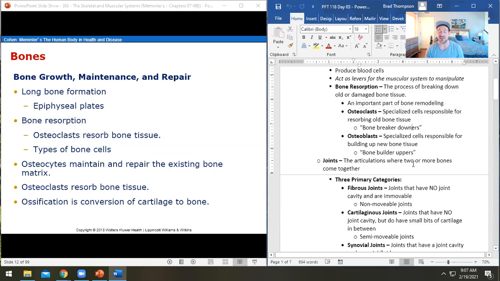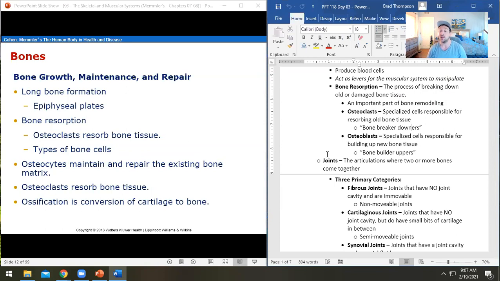The cells that do that are these specialized cells called osteoclasts. You can think of osteoclasts as bone breaker downers. Their job is to come along and resorb old bone. Basically, they've got a whole bunch of enzymes, and they come along and eat your bone tissue and take away any imperfections. Now that may sound like a bad thing. You're like, I don't want something eating my bones.